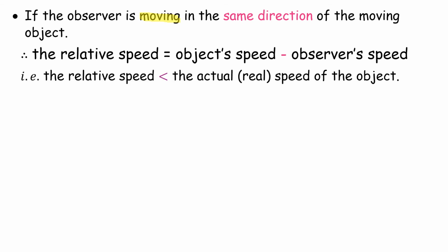The relative speed in this case is less than the actual or real speed of the object. The passenger in car B was moving at 80 but measured car A's speed, which was 100, as 20, so the relative speed here is less than the actual speed.